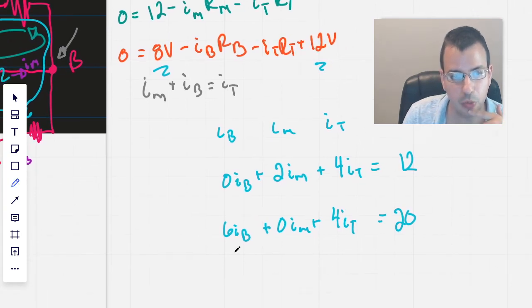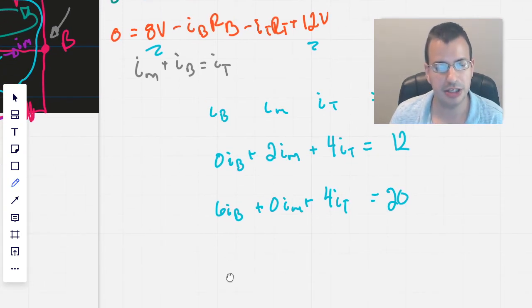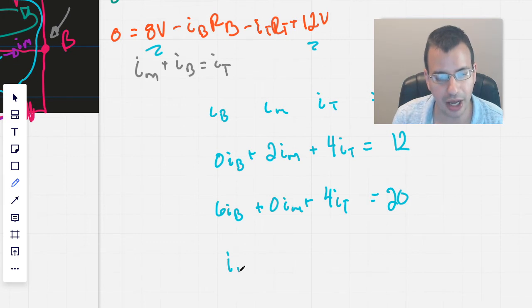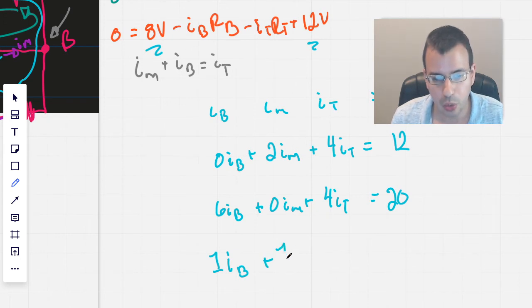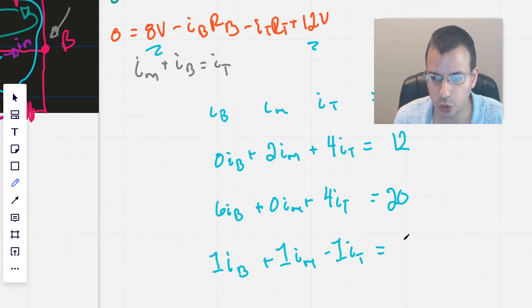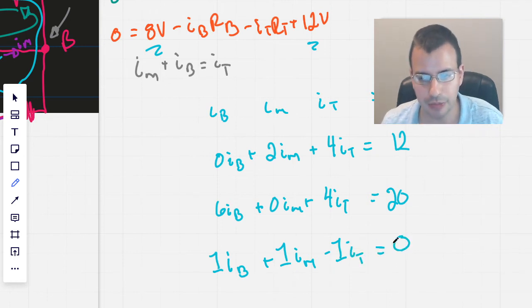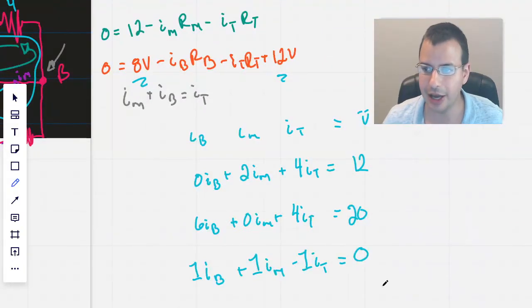And then the last one will be 1 I bottom plus 1 I middle minus 1 I top equals 0. Okay, so now I'm going to put this into my calculator.